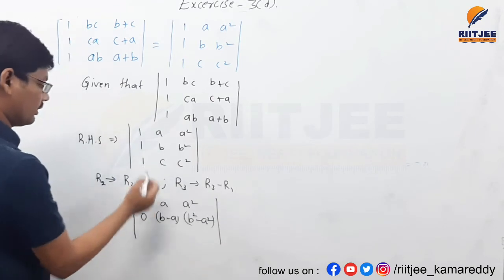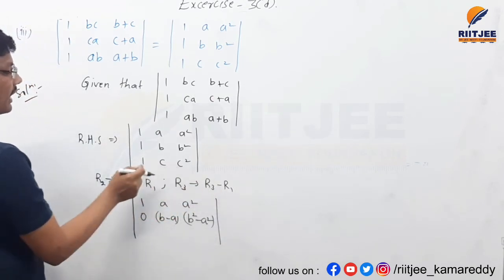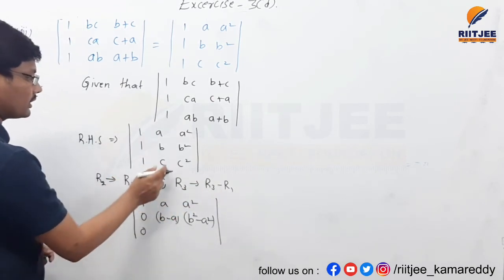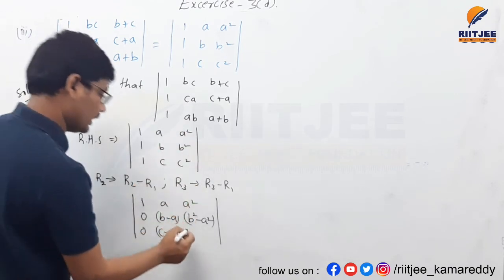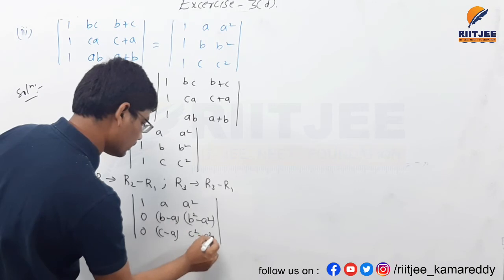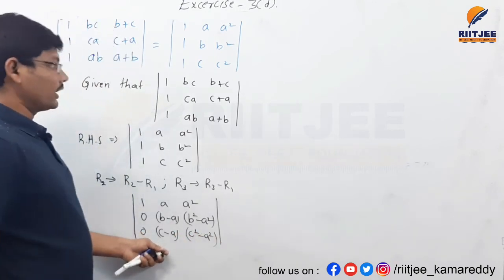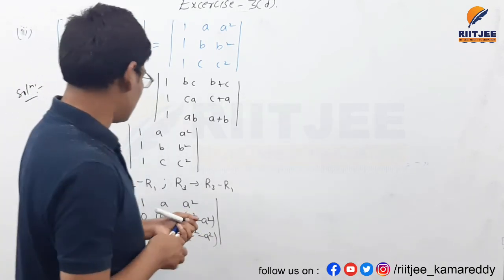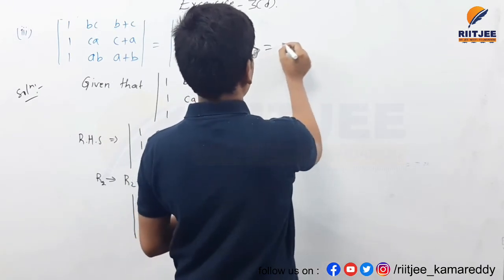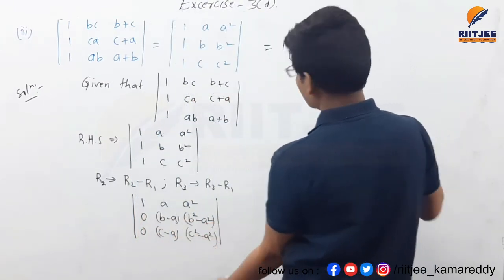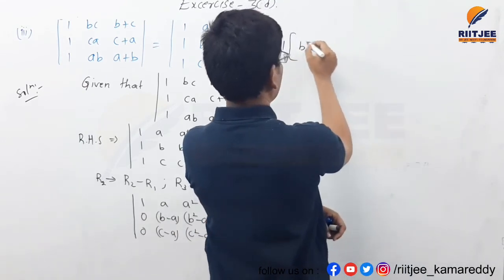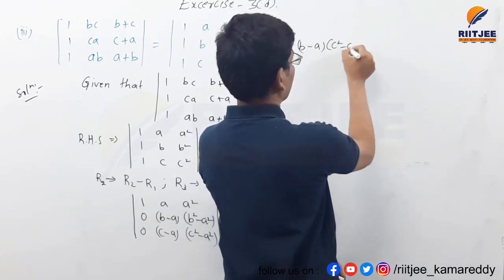And the next one, R3 is changing, R3 minus R1: 1 minus 1 is 0, C minus A, and C square minus A square. So here the final determinant, I am finding the determinant for this one: 1 into B minus A into C square minus A square, minus B square minus A square into C minus A.